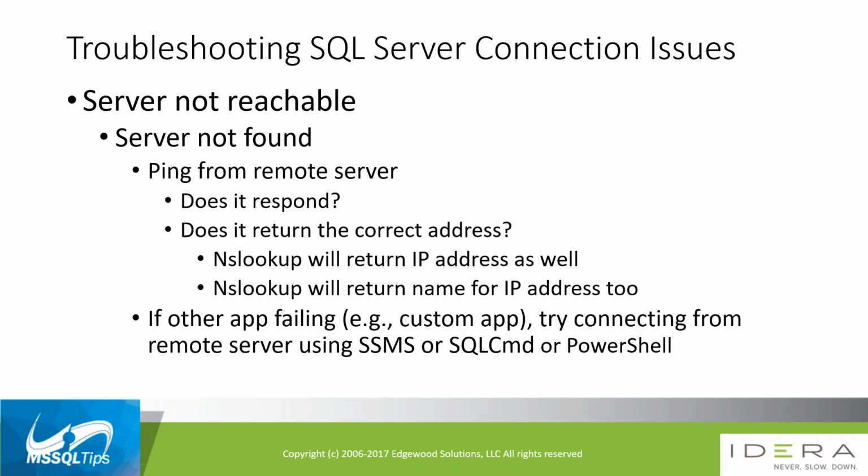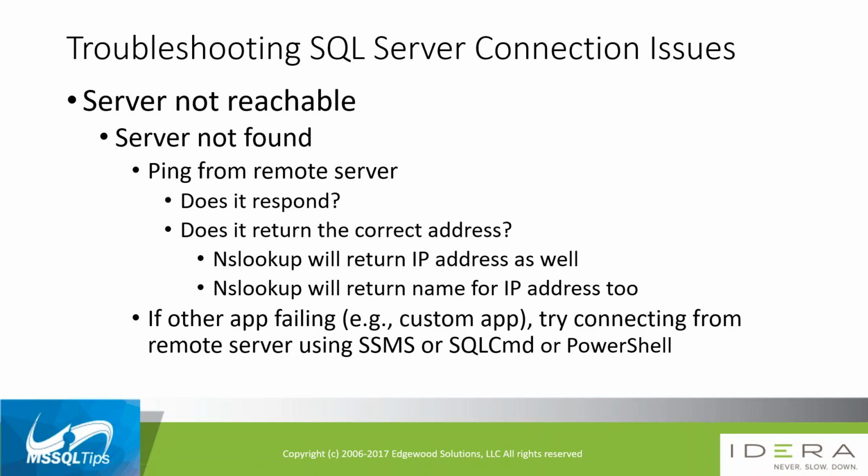string. Maybe somebody went in and was looking at it and accidentally hit a key, didn't realize it, and closed the file, and without thinking, when they were prompted to save the file when they closed it, they just clicked it. I've seen that happen a lot. So I want to verify outside of the app if I can connect. If SSMS is installed or SQL command is installed, I'll use that.